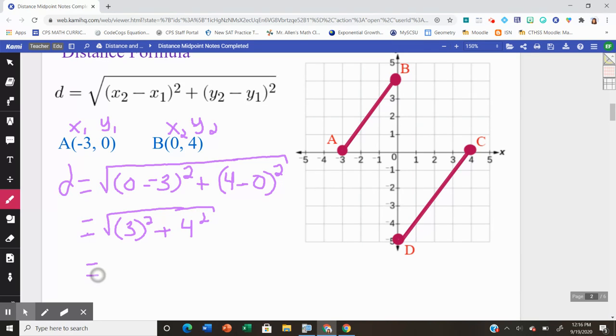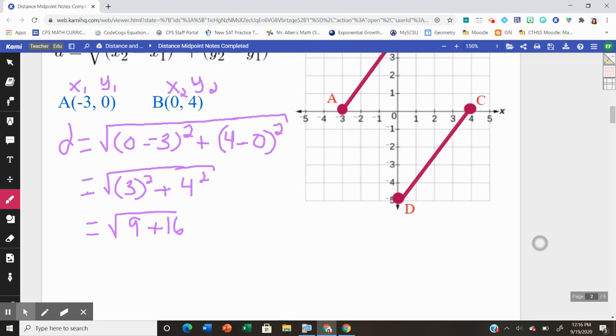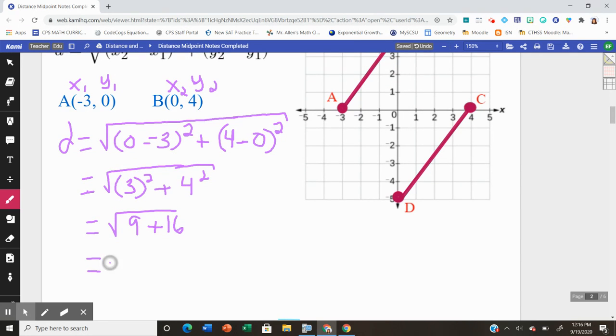Exponents are going to come next. 3 squared is going to give us 9. 4 squared will give us 16. 9 plus 16 is 25. And the square root of 25 is 5. So we can say that the distance between point A and point B here, or the length of that segment AB, is 5 units long.